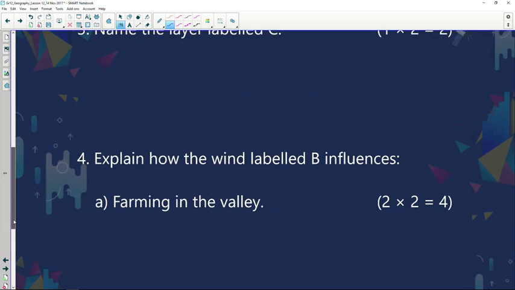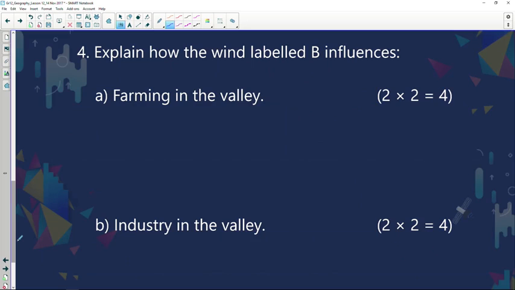Explain how the wind labeled by B influenced farming in the valley. Now, very importantly, when we look at B as the katabatic breezes collecting down on the bottom of the valley, the farmers need to be 100% sure what type of crops they're going to plant. Why? Because we experienced the frost pocket down on the bottom of the valley. So you can't just go and plant any crops over there.